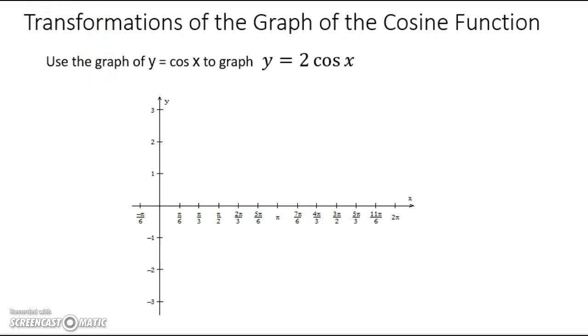So let's graph this function. Let's start with the parent cosine function. We have zeros at pi over 2 and at 3 pi over 2. We have a maximum of 1.